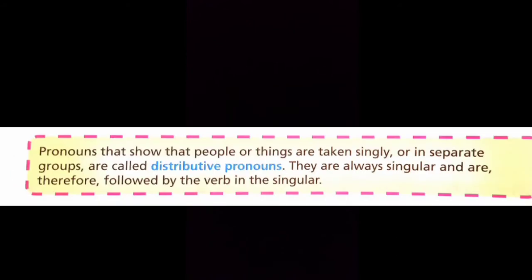Pronouns that show that people or things are taken singly or in separate groups are called distributive pronouns. They are always singular and are therefore followed by the verb is in the singular.